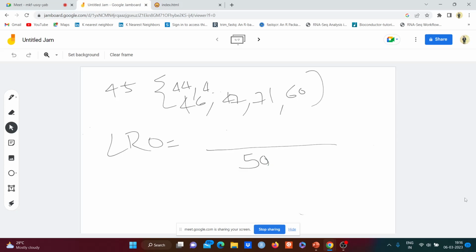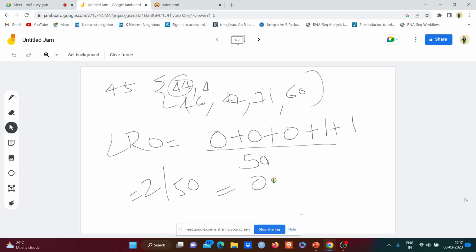Then in the case of 45 and 44, we have a sequence separation of 1. If sequence separation is less than 12, we need to take 0. Next, again 46, here 0. 47 is 0 because the sequence separation is less than 12. In 71, the sequence separation is 26, so I take 1, and in 60 it's 1. So that means 2 divided by 50. So it will be 0.04.